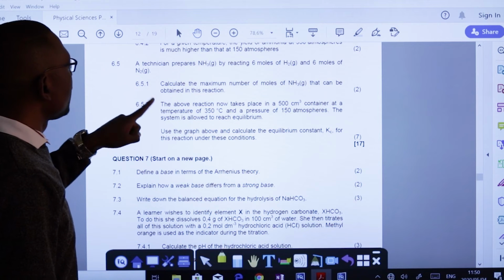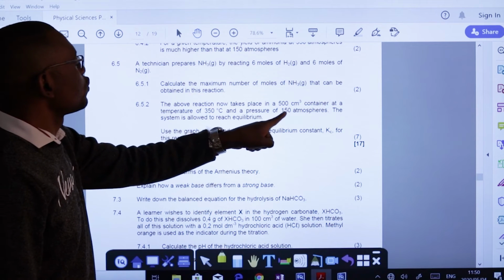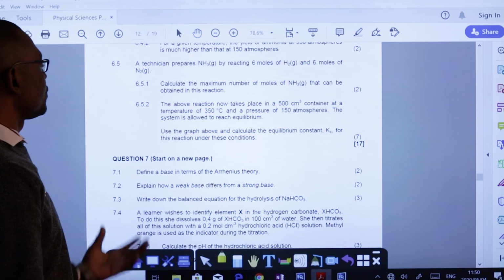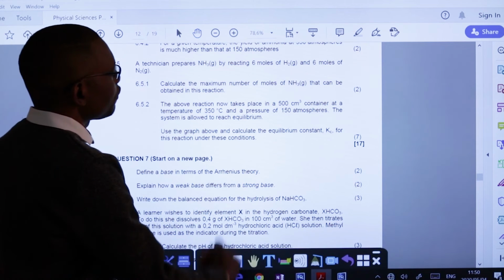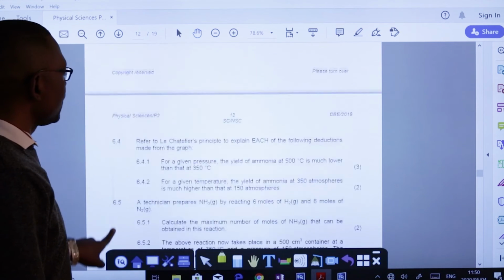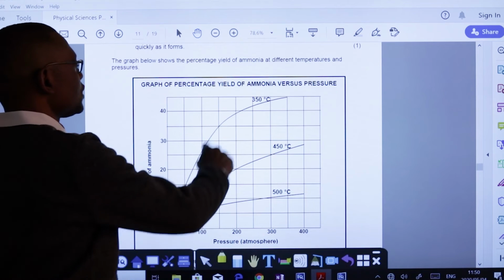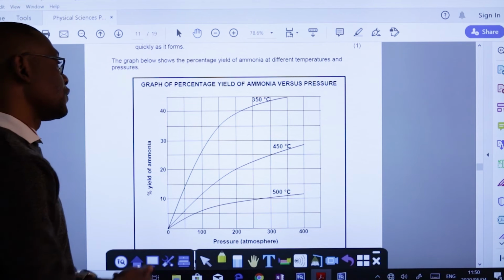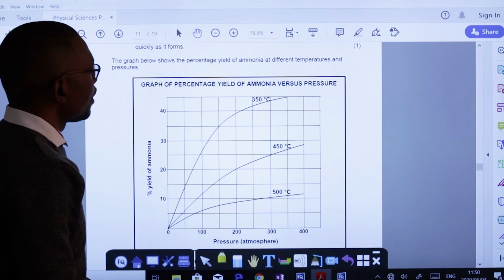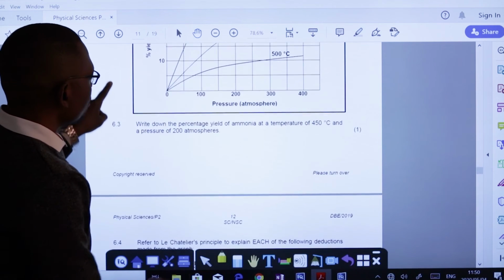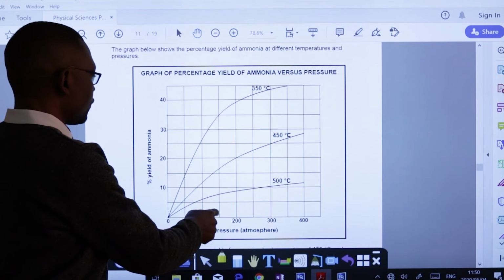If you are given all these conditions, a 500 cubic centimeter container, with a temperature of 350 degrees and a pressure of 150 atmospheres, let's see what has been happening. You can actually see that this is 350 degrees Celsius and at 150 atmospheres, there we are, 150.